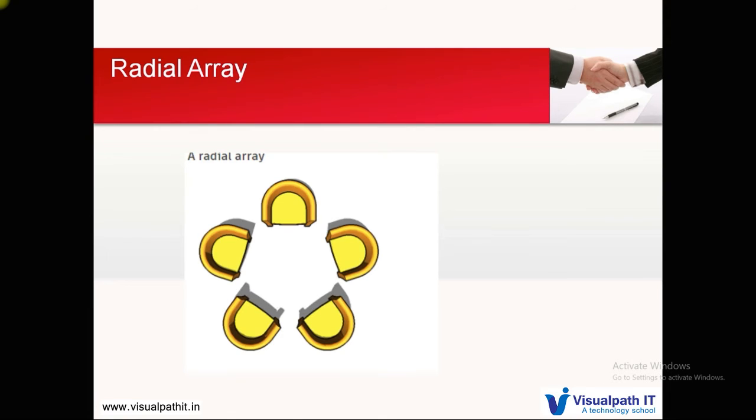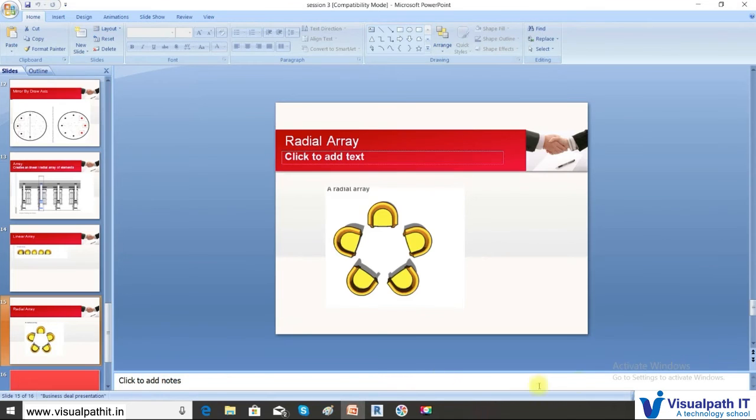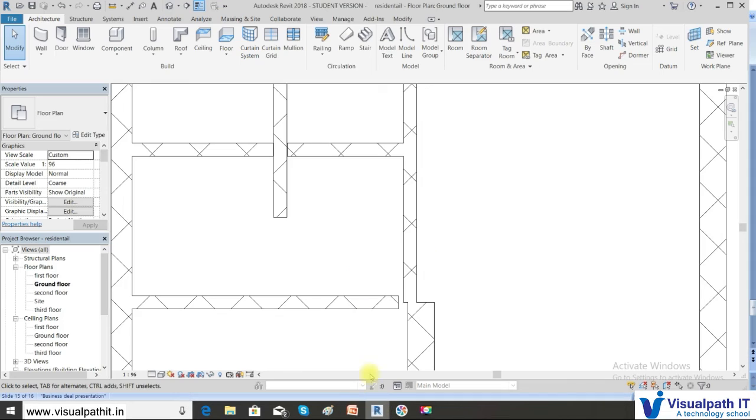Suppose a dining table is there and you want to place chairs around the dining table. So 5 chairs around the dining table. You need not pick and then rotate. Instead of that, if you pick the center point of the table, automatically the chairs will be arranged. So this is what we are going to see now in the tool.